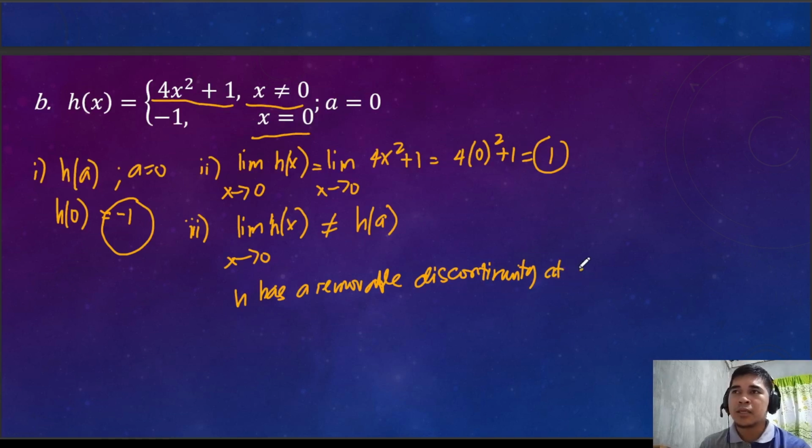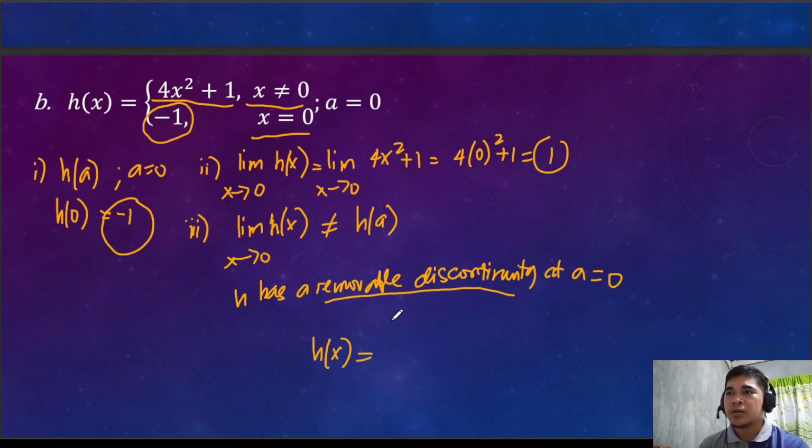at a equals 0. And take note, pag removable discontinuity, meron tayong babaguhin para maging continuous. So, balikan na nato ang given. Take note, ang result is negative 1 and 1. So, unsa may usbon nato diri para magkapareha sila? So, instead of negative 1, h of x equals 4x squared plus 1 if x is not equal to 0.